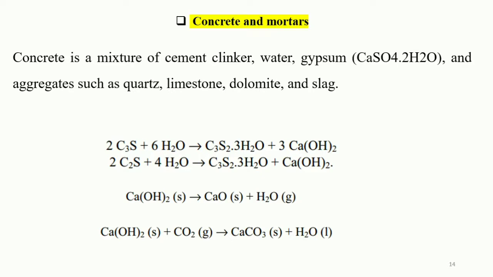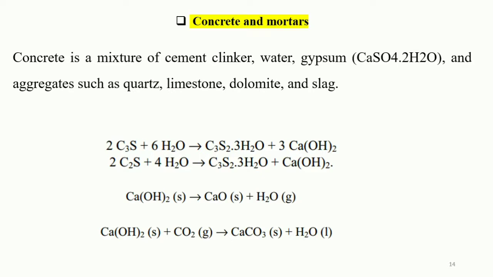Gypsum is calcium sulfate with two water molecules. Clinker is produced by the reaction of calcium oxide, silica SiO2, alumina Al2O3, and ferric oxide Fe2O3 at about 1500 degrees Celsius to give tricalcium silicate, which we can also write as C3S, dicalcium silicate C2S, tricalcium aluminate C3A, and a ferrite solid solution of composition between dicalcium silicate and C6A2F, often represented as C4AF.